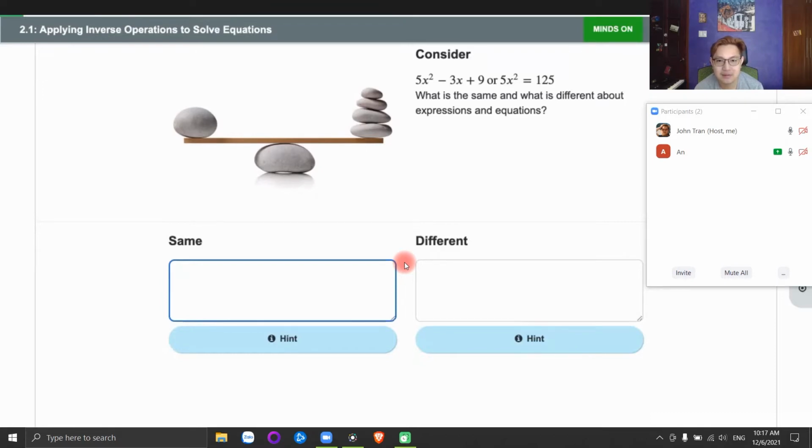To type the square, I think it's shift and number 6. Do you have the one in your computer to type in Vietnamese language? No. Oh, never mind that. So maybe just 5x squared, like that.